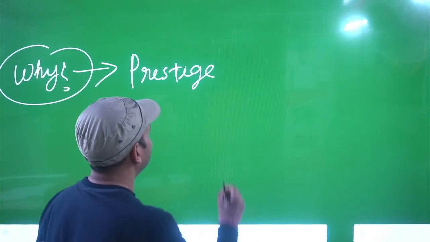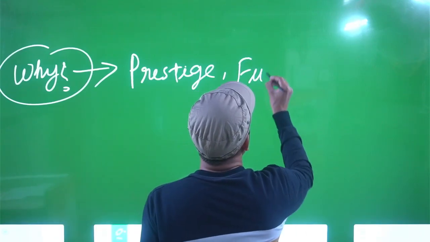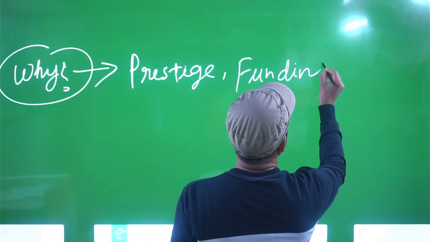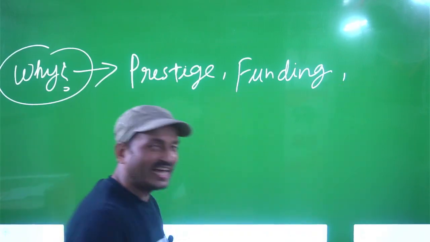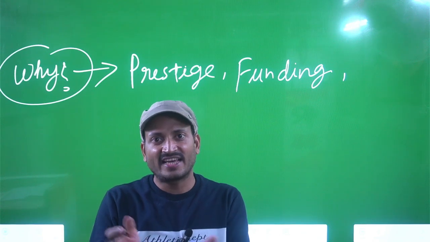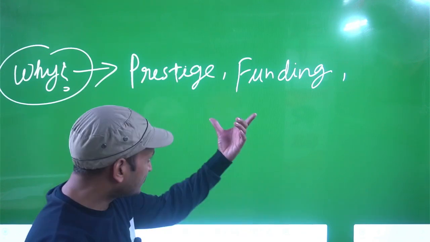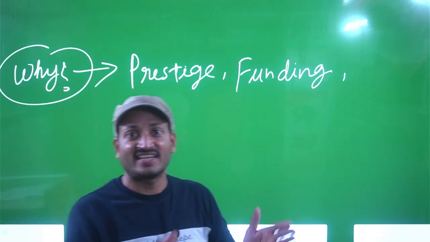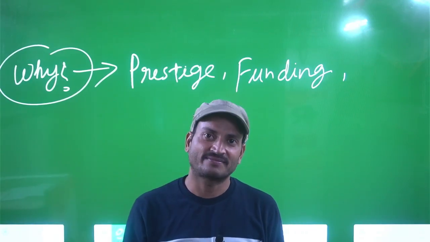The next important thing is international funding. Countries are willing for their wetlands to be recognized as Ramsar sites because this may attract funding. I'm not saying they are necessarily getting funding, but this may attract funding.